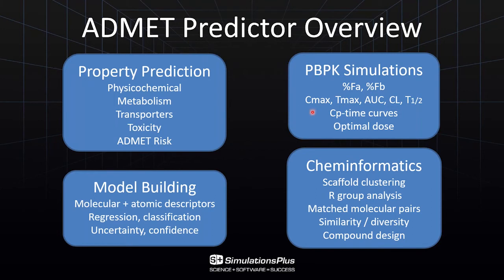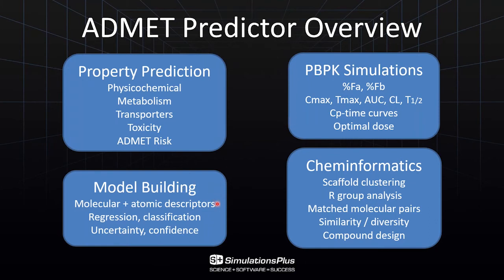You can generate concentration versus time profiles and estimate the dose required to achieve a target user-specified plasma concentration at steady state. As Eric said, we've made a number of improvements to this module, and I'll go over them in more detail a bit later.